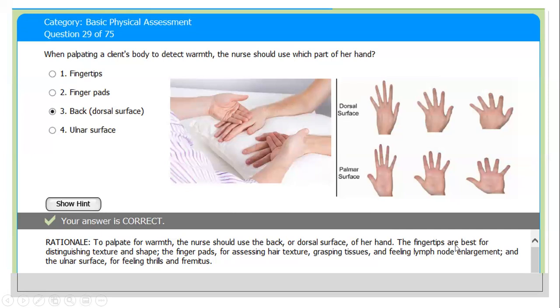The fingertips are best for distinguishing texture and shape. The finger pad is best for assessing hair texture, grasping tissues, and feeling whether a lymph node is enlarged or not, and the ulnar surface is for feeling the thrill or fremitus.